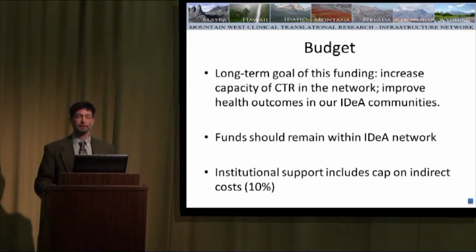It's a really important factor in terms of demonstrating to our program office at NIGMS that the 13 partner institutions really have a stake in the game and are putting forth resources for the overall goal, excuse me, of growing CTR in the region.